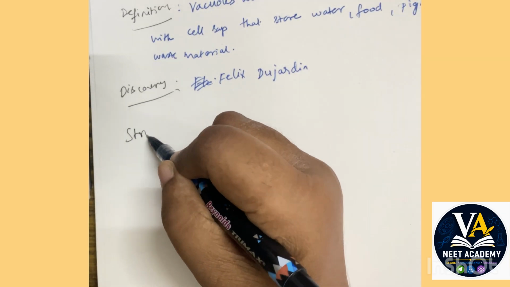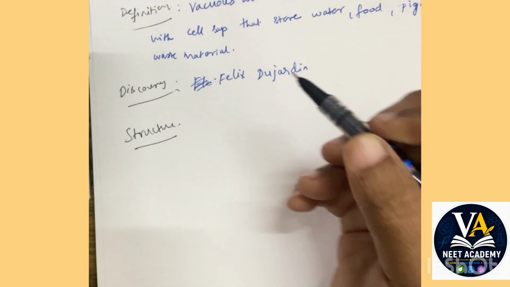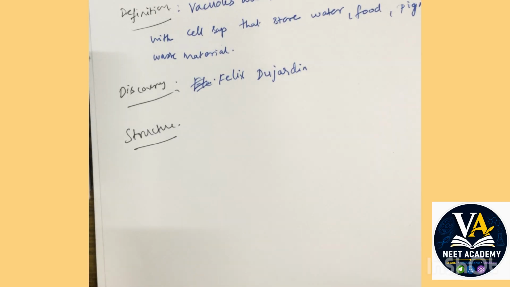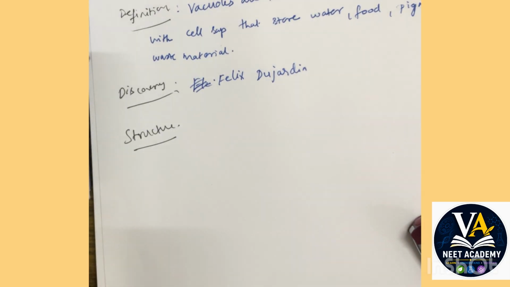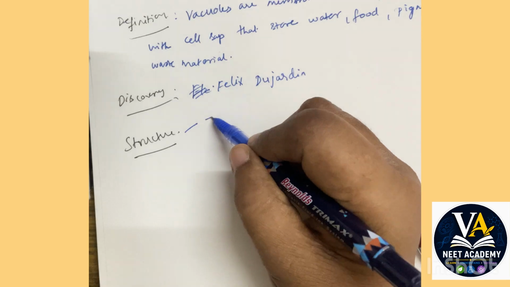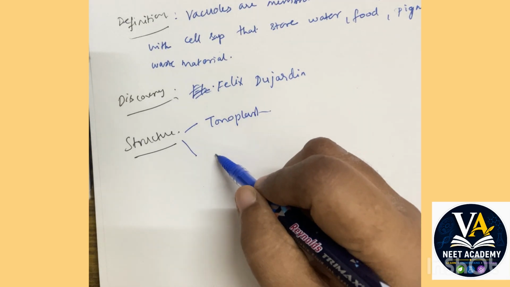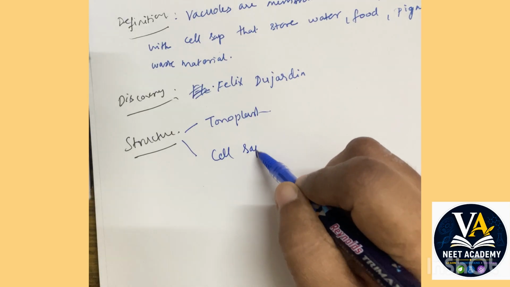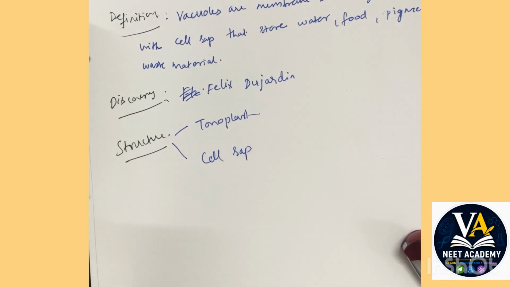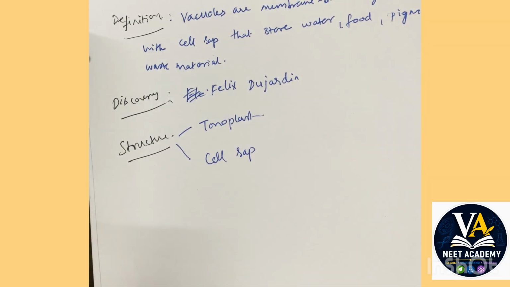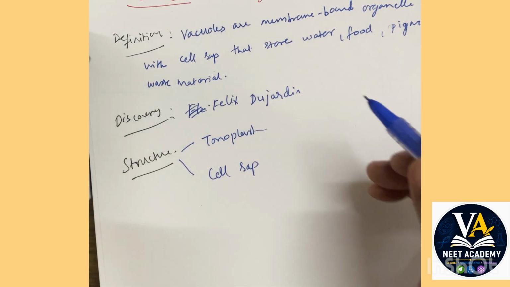Now we will see the structure of vacuoles. Structure basically has two components, one is tonoplast and the other one is cell sap. These are the two features of a vacuole. What is a tonoplast?